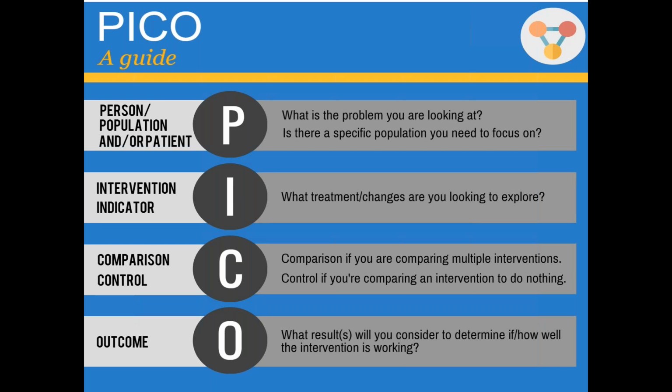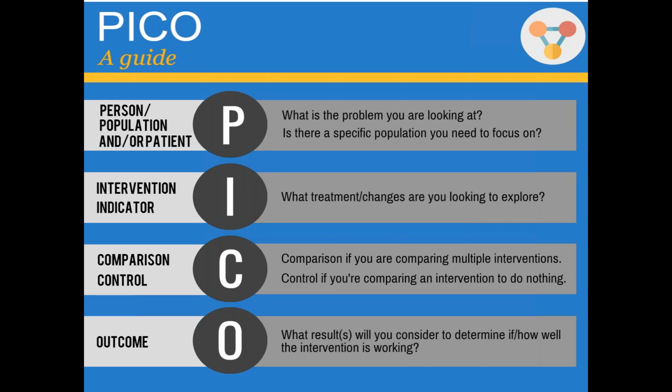We mentioned it's patients, but we're going to look to see perhaps can we be a bit more specific on that. What intervention indicators are you looking at? So what kind of treatment changes are you looking at to explore? We've seen in the question earlier that they're talking about digital communication. So under this area, we're going to perhaps need to ask more questions about that.